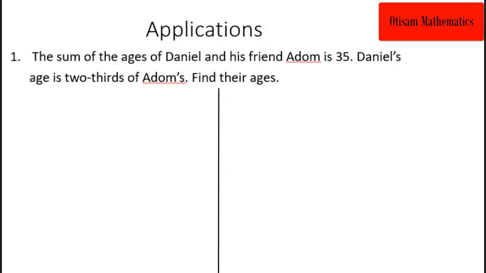Block 6, Simultaneous equation. Now, in today's video, I'm going to solve questions on applications. What it means is that the question will be given to you in a statement form. You have to construct your own equation before you solve them.